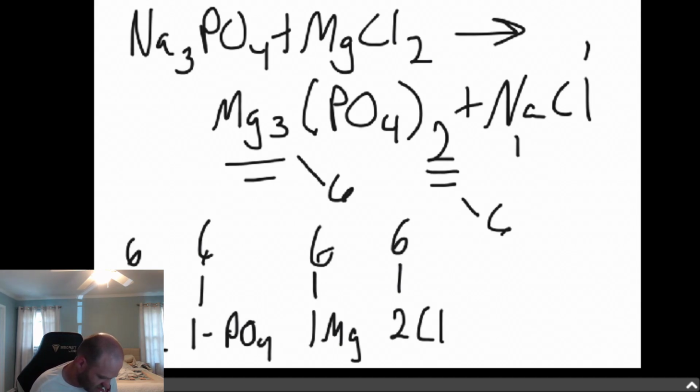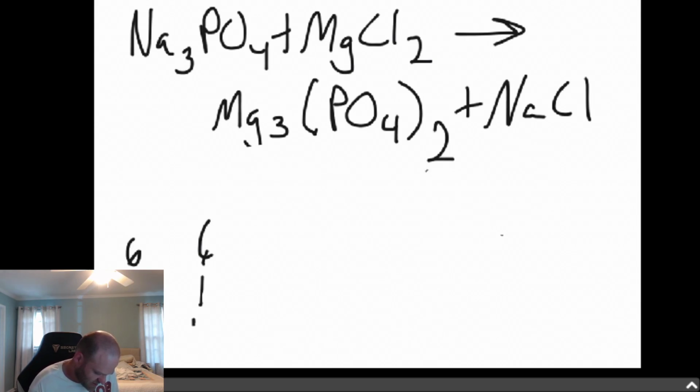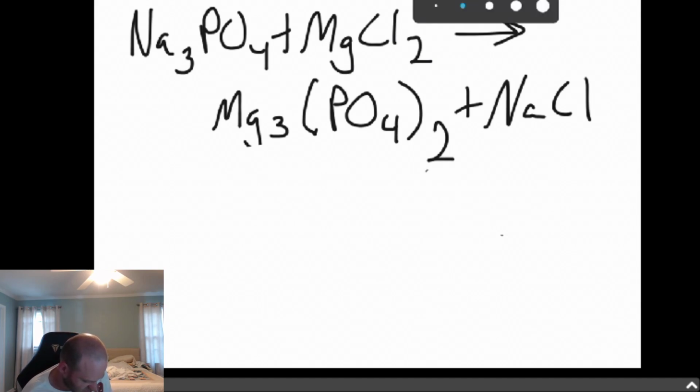So let me clear all of this. Said 6 is going to be our least common multiple. Let's start with the stuff that has a 3 on it because that's the oddest number to deal with.